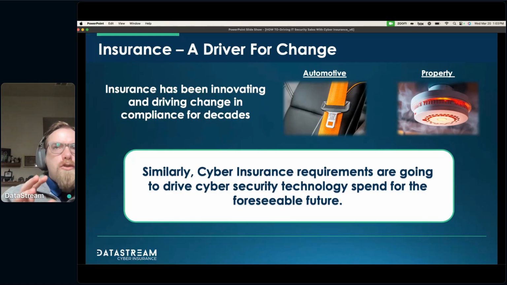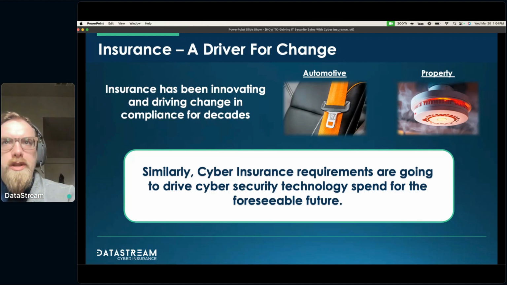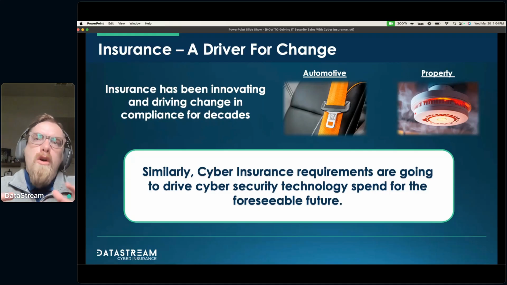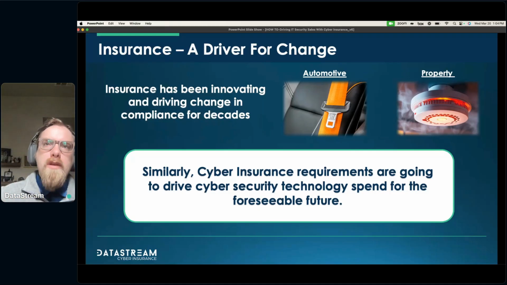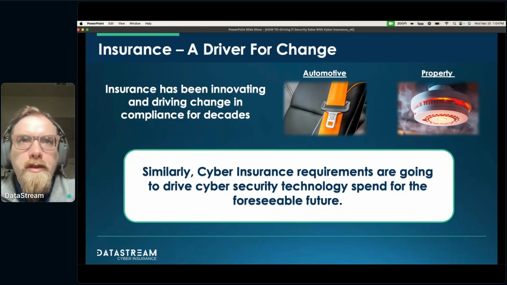Insurance has been a driver for change in the past, and cyber insurance is really no different. When we think about the automotive space or property, we think about the tools and technologies that ultimately help mitigate risk: seat belts, airbags, smoke alarms, smoke detectors on the property side.